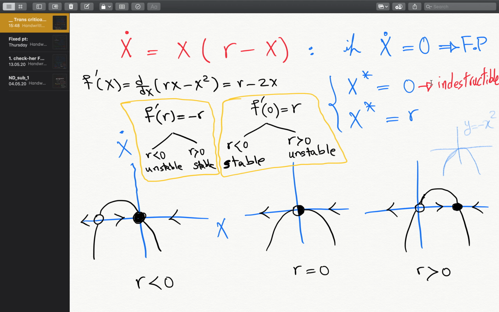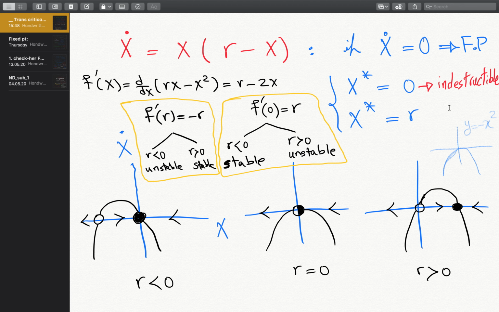And you have two fixed points. You have 0 and you have r. So what is f prime of the first fixed point? You just put the x over here, and f prime of 0 is equal to r, right?